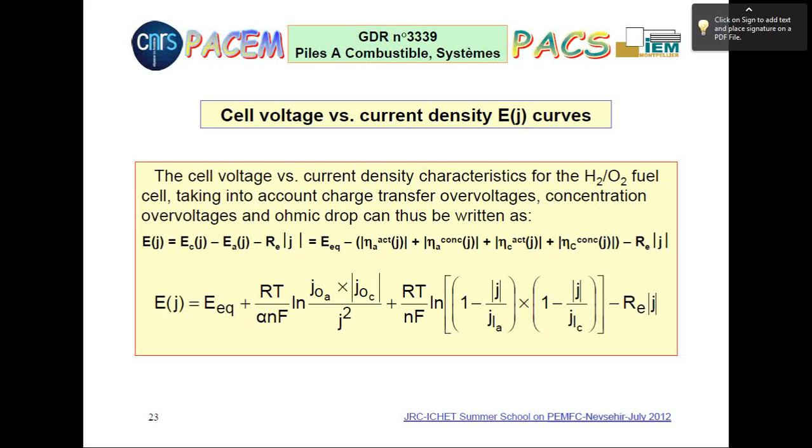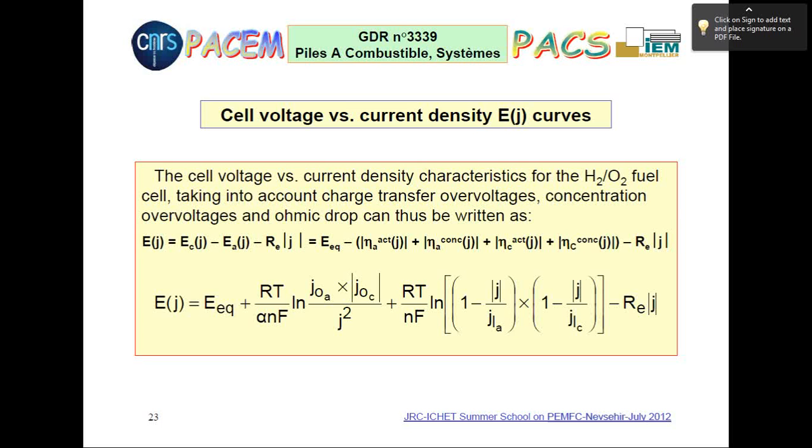And here I write the complete Butler-Volmer equation. You saw that with Ludwig yesterday, with the part of mass transfer and some limiting behavior for small voltage compared to RT over nF. You have a linear relationship. It applies to the hydrogen electrode, if you remember my first curve, around zero potential.